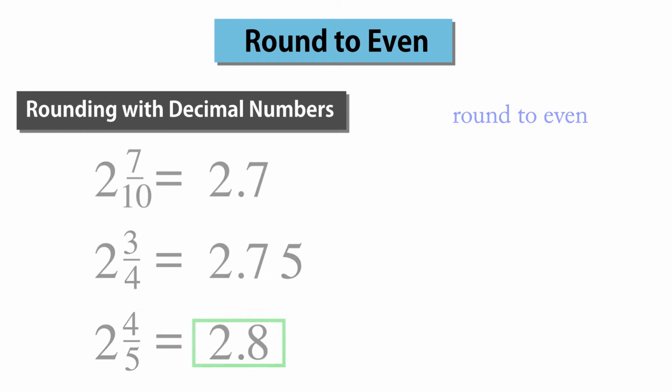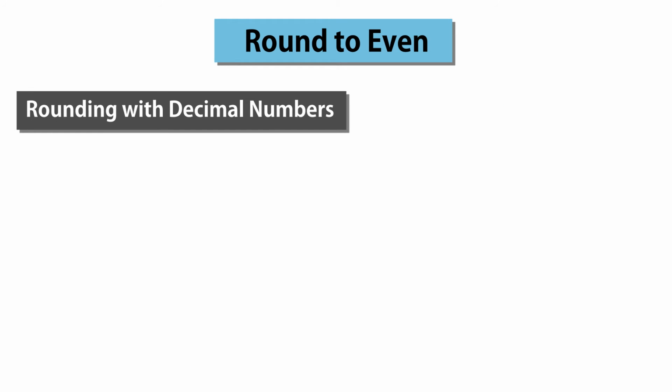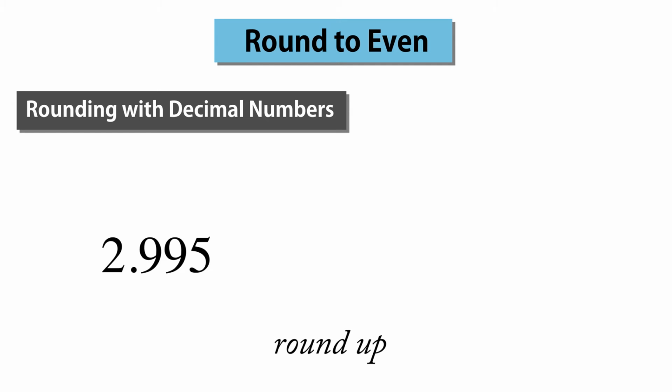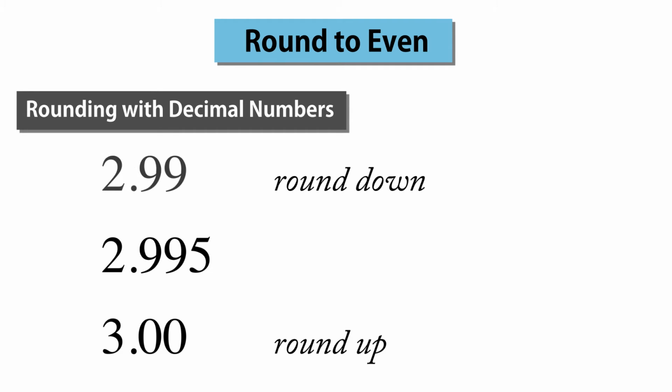Let's look at another example. Suppose we want to round 2.995 to the 100th place, that is, leaving two digits after the decimal point. Note that 2.995 is exactly halfway between the round up value of 3.00 and the round down value of 2.99. So we choose to round up to 3.00, since that leaves an even digit, 0, to the left of the rounding point.